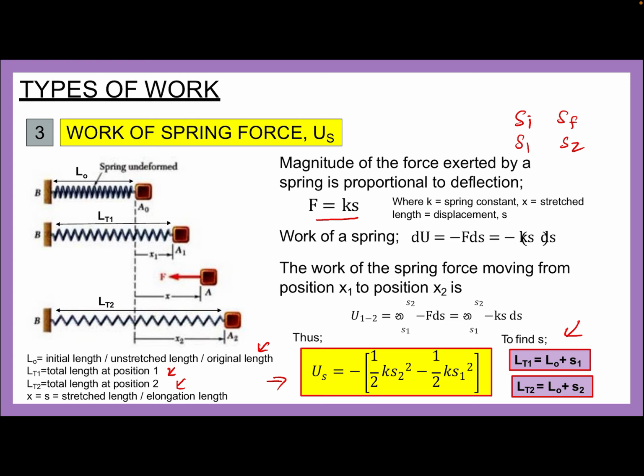So at initial, we have the initial length L naught. Next, at position 1, we have LT1 and S1. And for position 2, we have LT2 and S2.